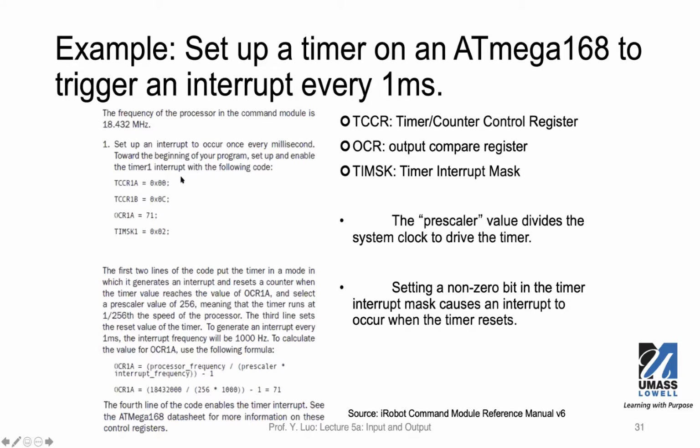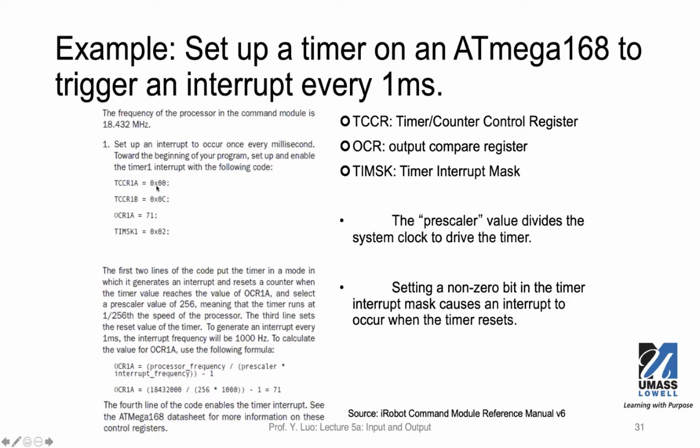We will enable and set up this timer interrupt using the following code. We have 4 lines here, and each line assigns a value to a particular register. TCCR1A and TCCR1B are part of the timer counter control register.